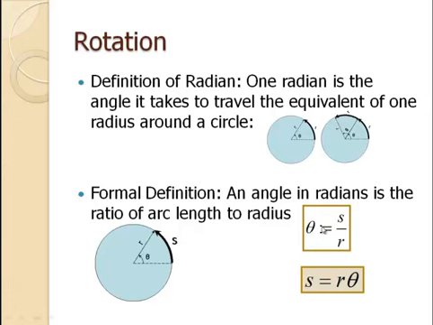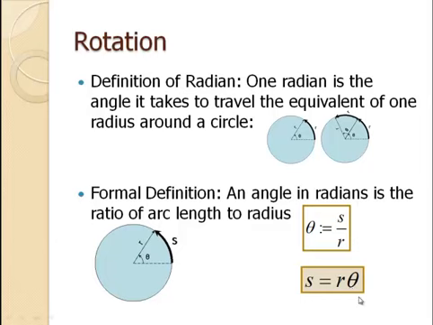So that's what the little colon in front of an equal sign means, is that it's set this way by definition. Typically, we find a slightly more useful equation to be the distance that something has traveled around the outside, that's the S for position, is equal to the radius times an angle.